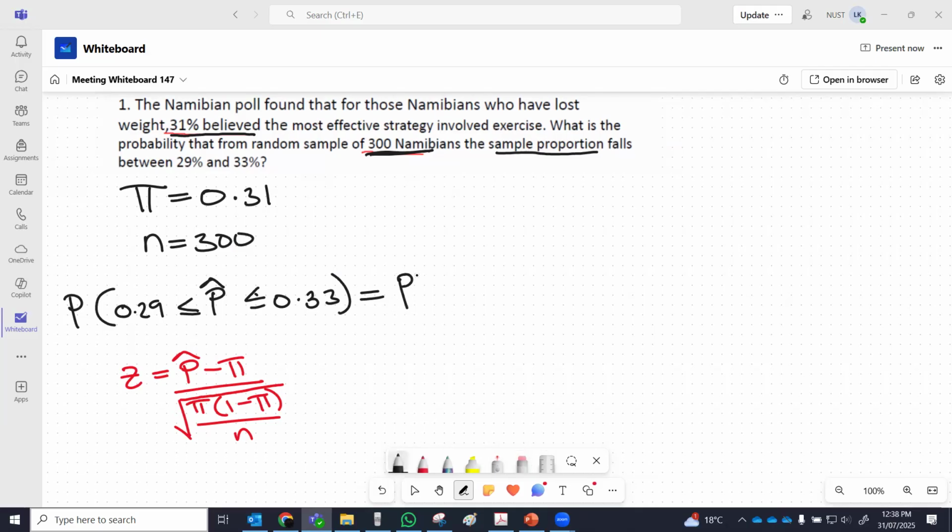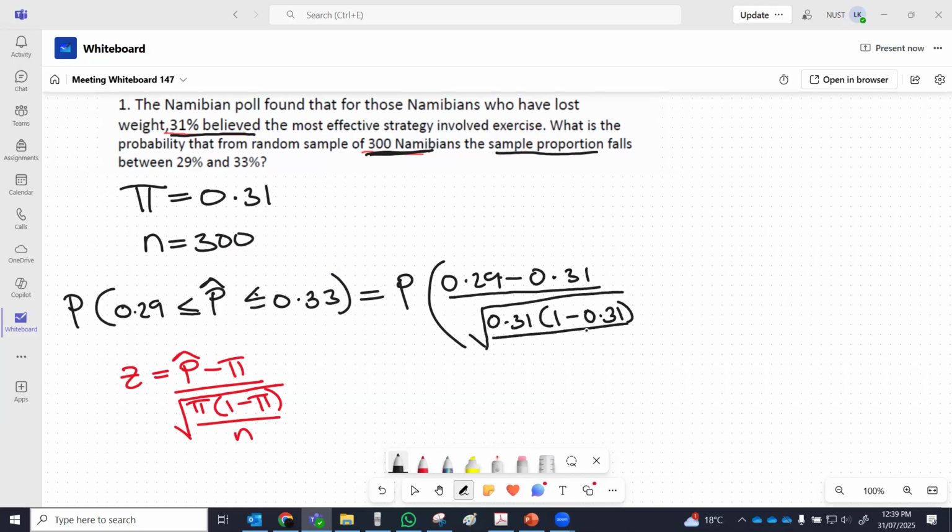So I have 0.29 minus pi, which is minus 0.31, and this is divided by the square root of 0.31 multiplied by 1 minus 0.31, and this is divided by n, which is 300.